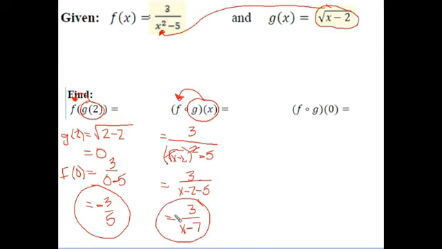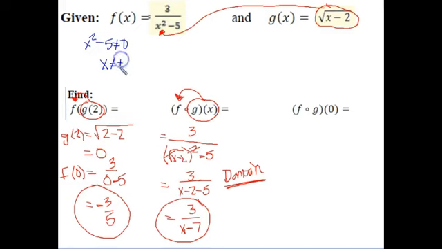Alright, so since we're specifically talking about equations, it might be worthwhile to find the domain in this case. So what's the domain of our new equation? Well, since it came from these previous ones, we got to bring both of these previous domains into play. So if we look at our first one, since we have a fraction, the denominator cannot be 0. So if we solve for x, we would add 5 over and then take the square root.